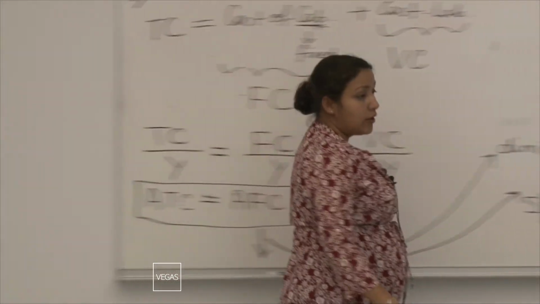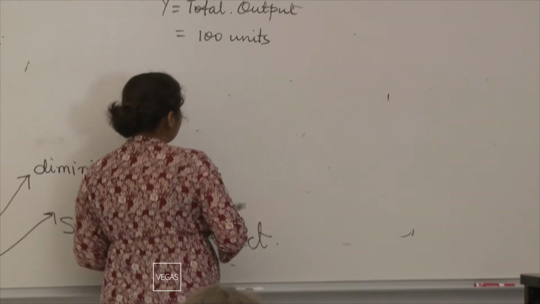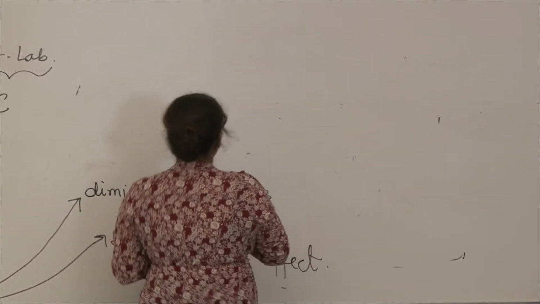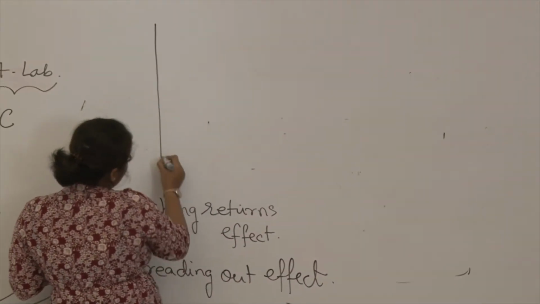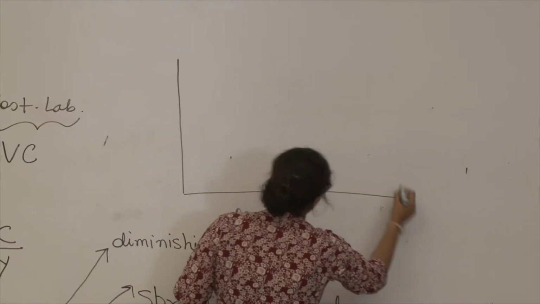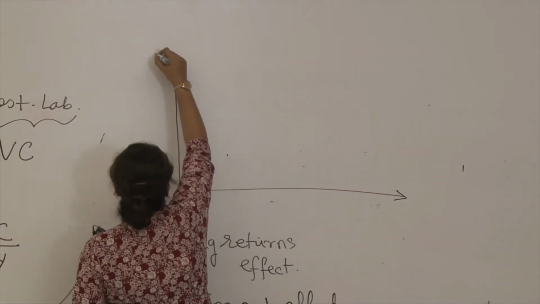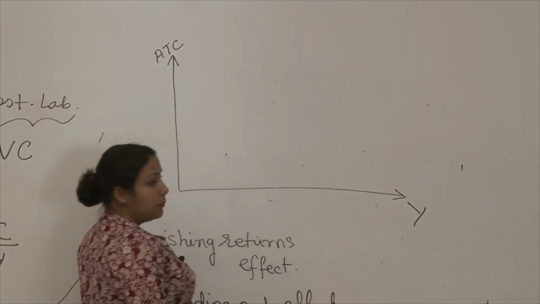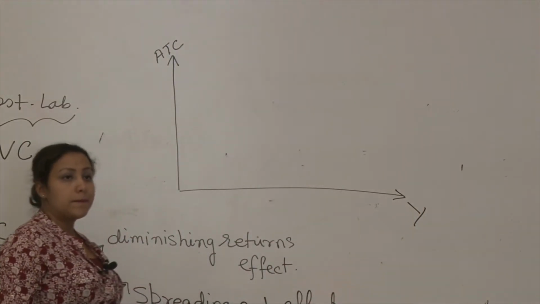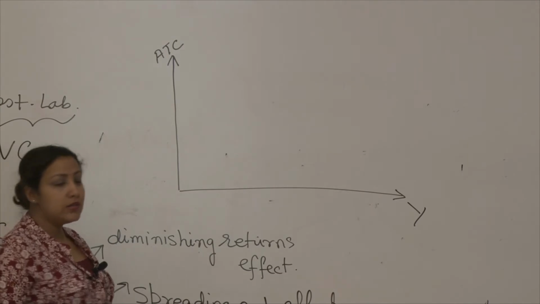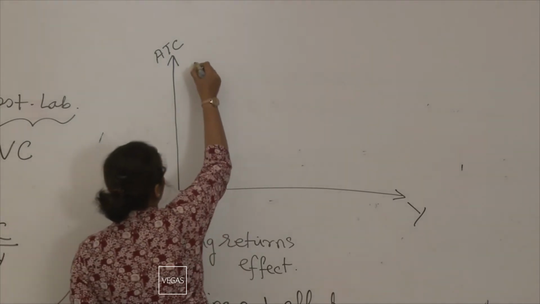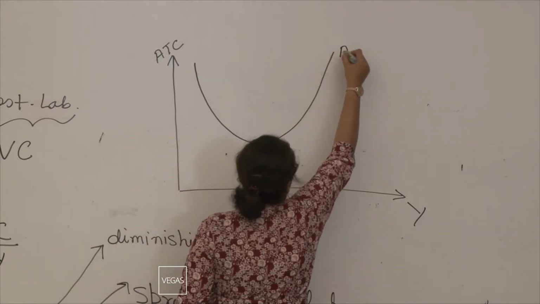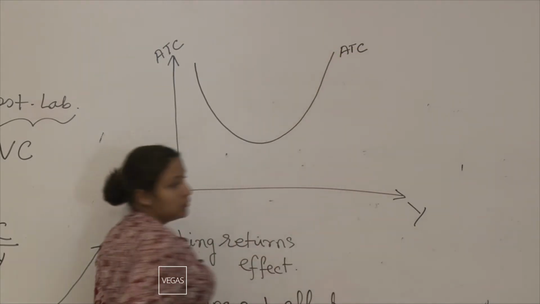So then if I try to draw this, and I am measuring Y, the ATC should look like this.